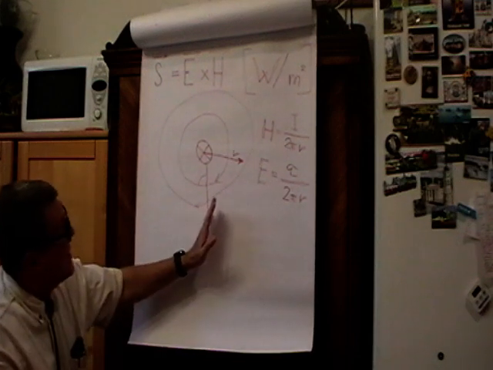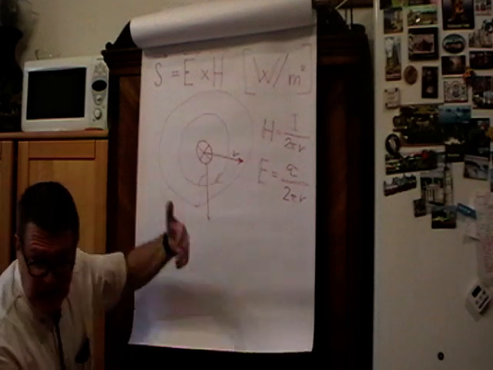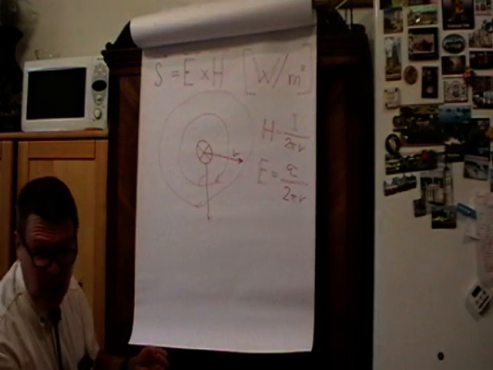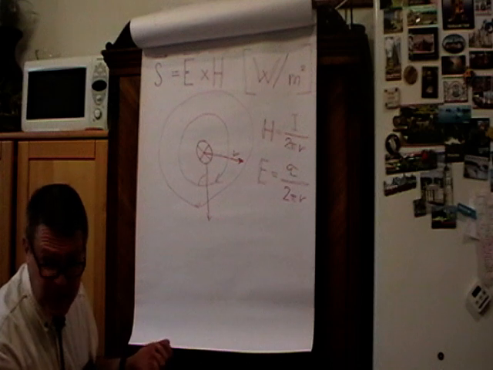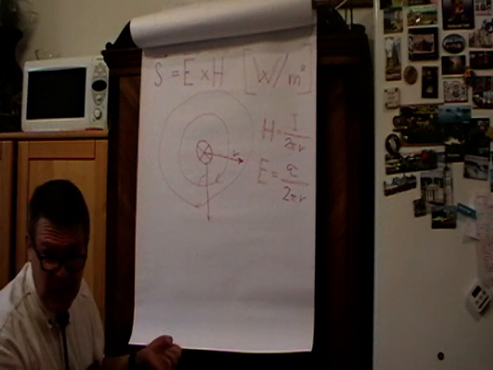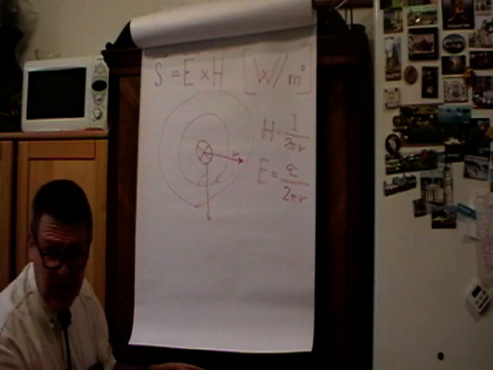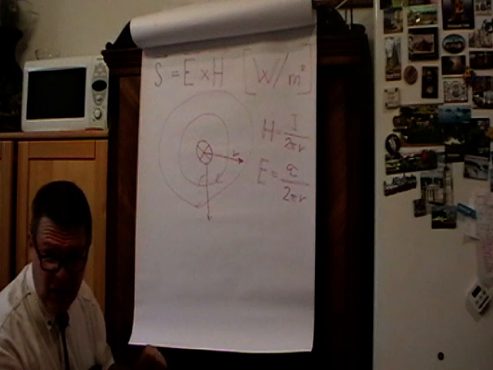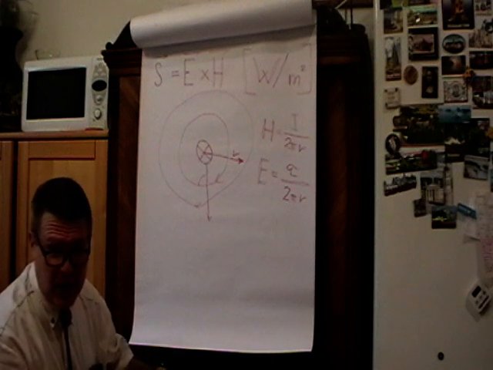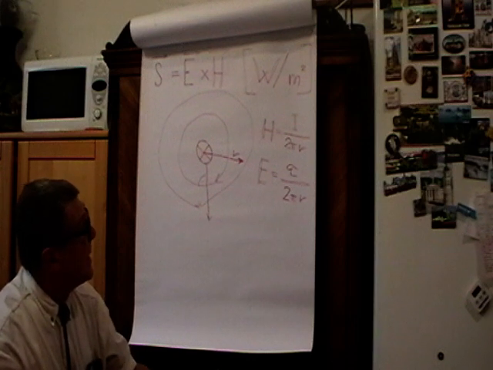So in this case, we can make the vector product much simpler, because as to the magnitude of the pointing vector, we can simply multiply the magnitudes E and H and get rid of the orientation and direction, so we can convert the vector product into an ordinary product. So let's make it.